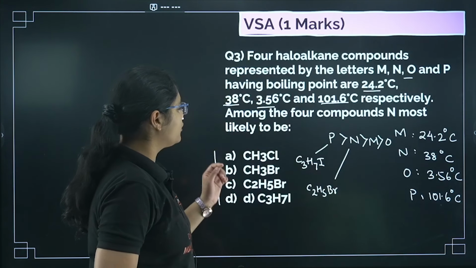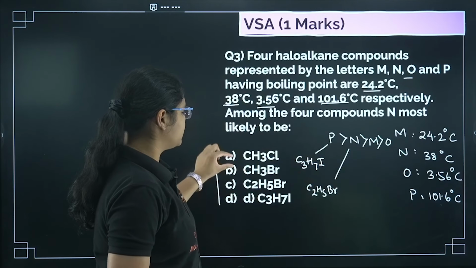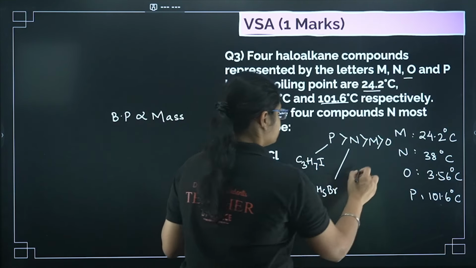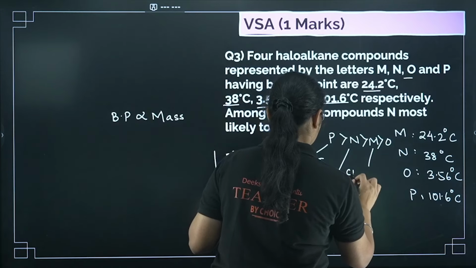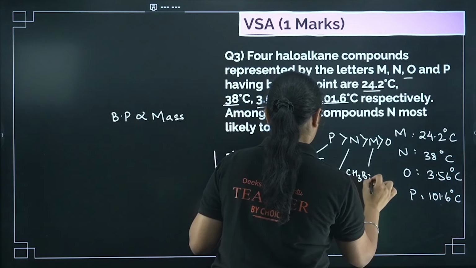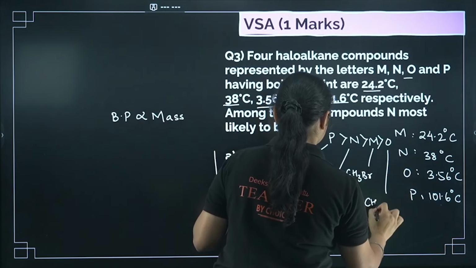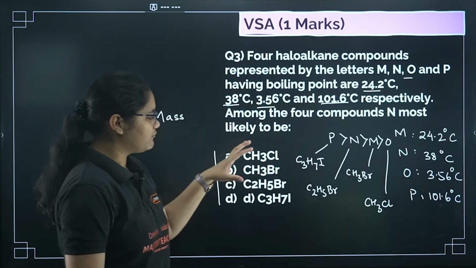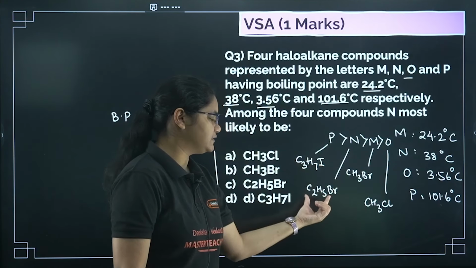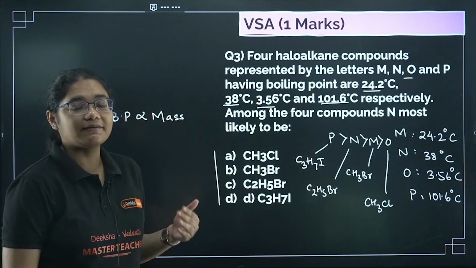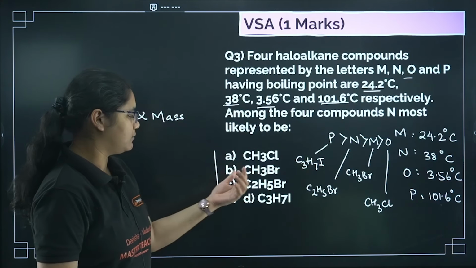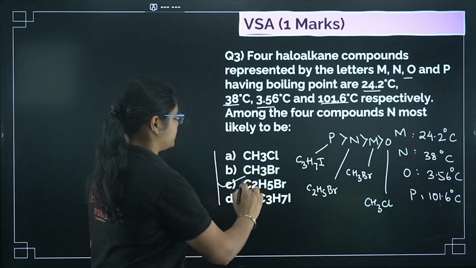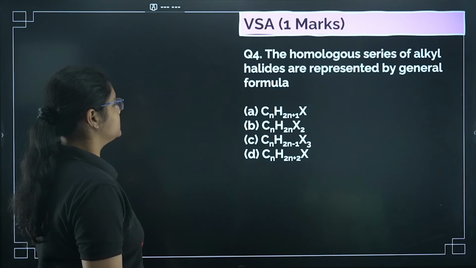Now coming to M and O. Here the mass will be more because you have one carbon and one bromine, so this one will be CH3Br, and this one is CH3Cl. So N, having the greater mass, is more suitably C2H5Br. That is why option number C is the correct answer.